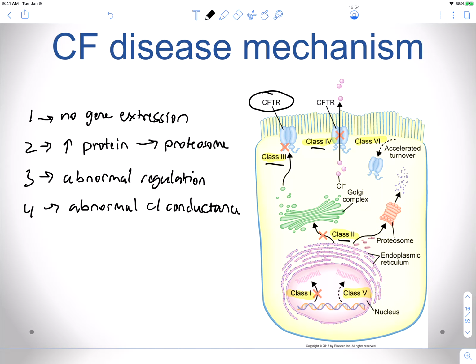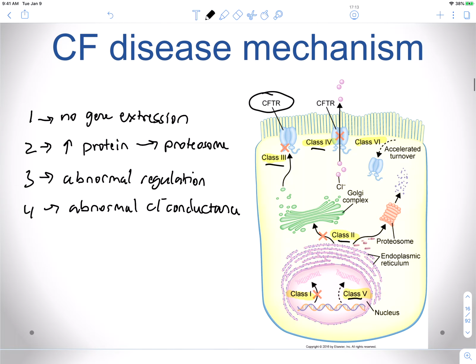And so again, this has to do with the chloride moving across or not across. And so this is just going to affect how much of the function of the chloride regulator is present. Number 5 is back here in the nucleus, down here. So number 5 is where you have promoter mutations, or you can have intron-exon splice mutations.